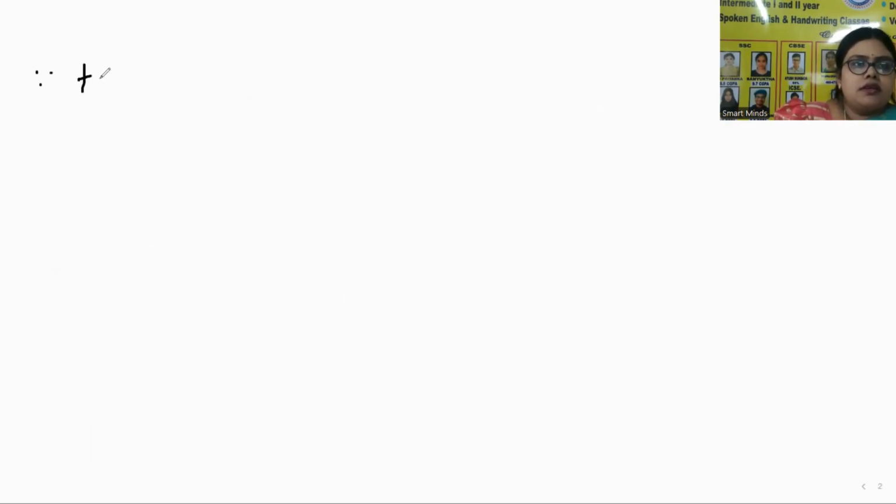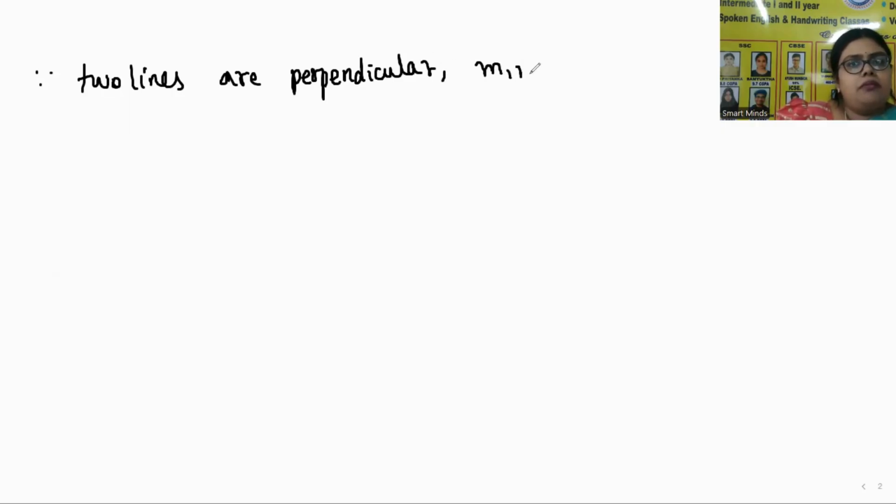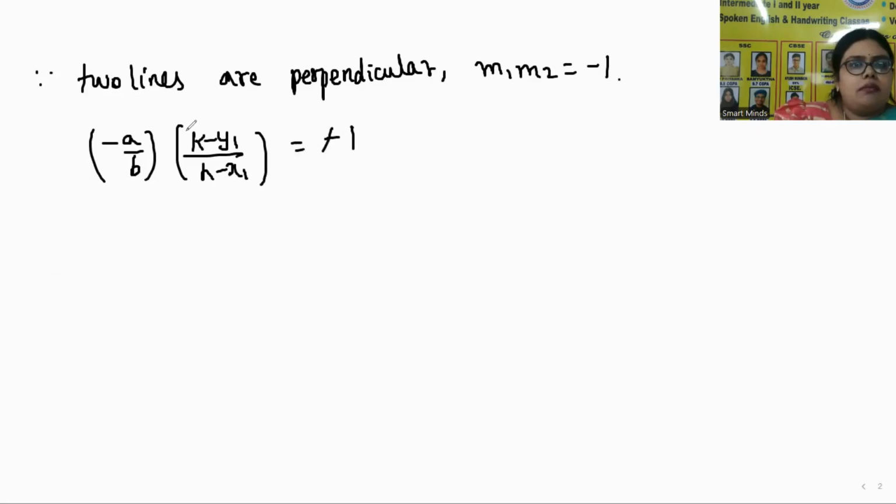Since the two lines are perpendicular, the condition is m1 m2 = −1. So m1 is the slope of the first line, that is −a/b, and m2 is the slope of the second line, that is (k − y1)/(h − x1), equal to −1. Minus minus get cancelled.